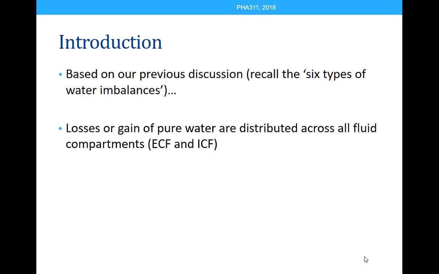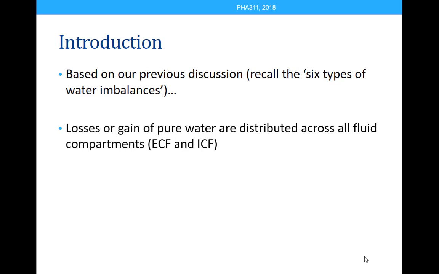Okay. If there is loss or gain of pure water from extracellular fluid, and the main compartment from which you can lose is blood, right? Whenever you have an injury or something, the fluid is lost from blood vessels, which is extracellular fluid.